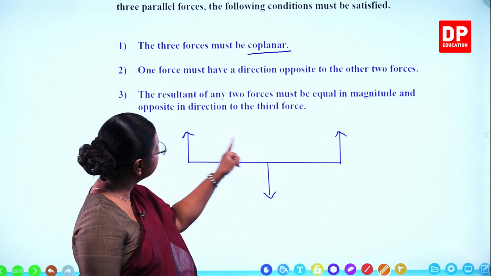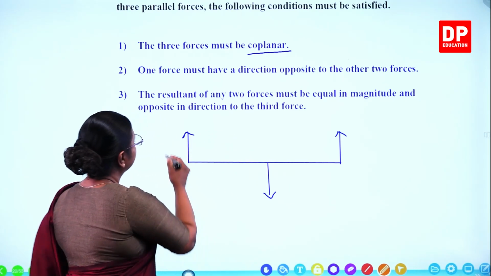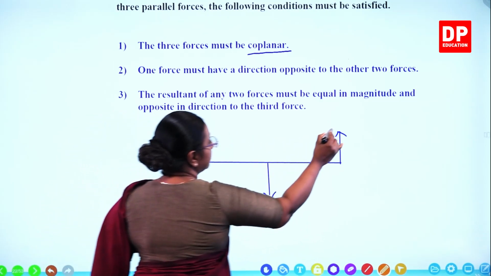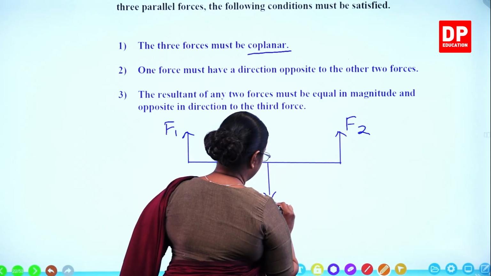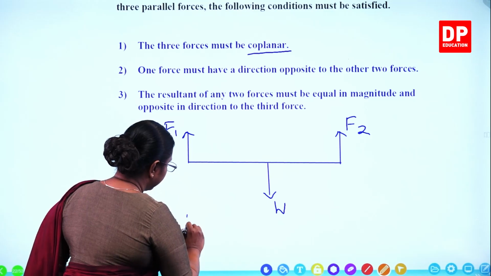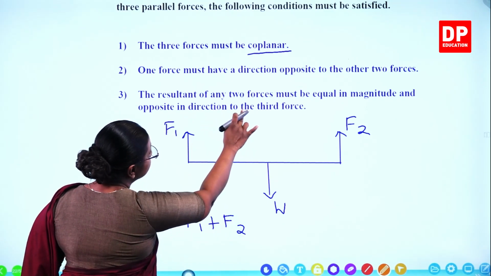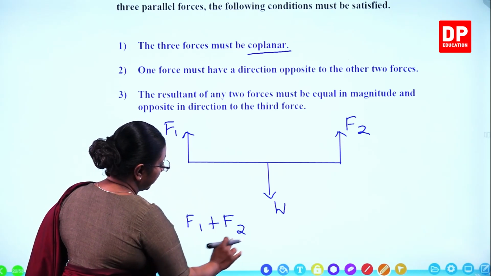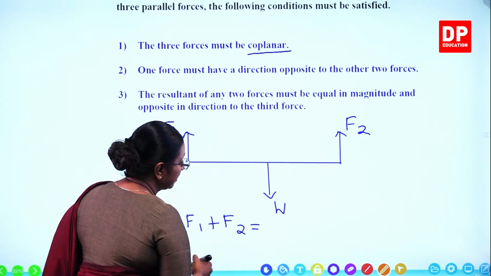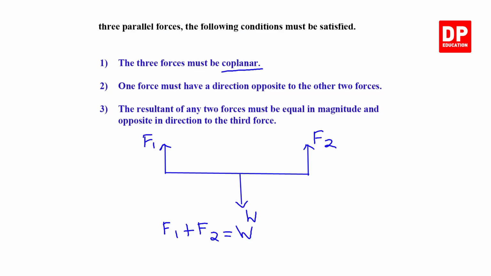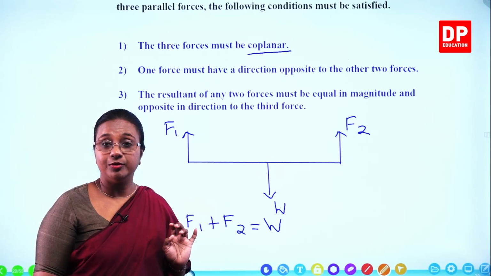And when you take the resultant, if you take this as F1, F2 and this as weight, F1 plus F2, that is the resultant of any two forces. Any two forces must be equal to the third force, that is weight. Then only there will be equilibrium.